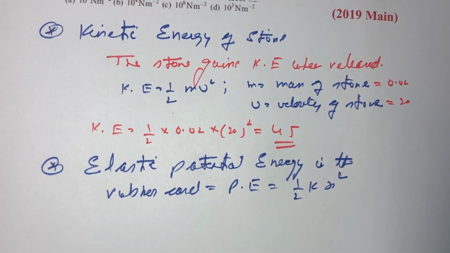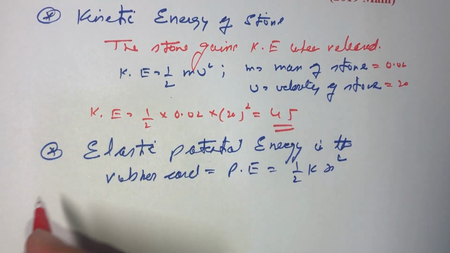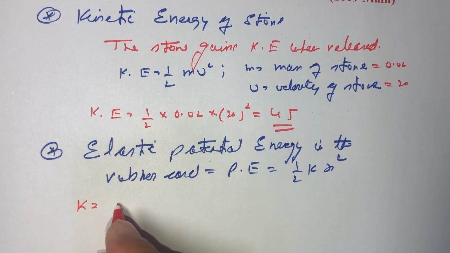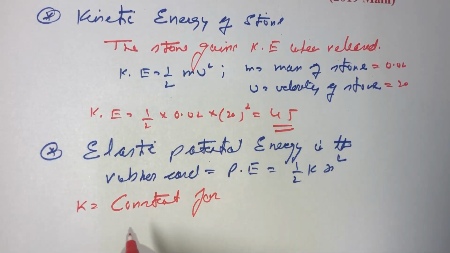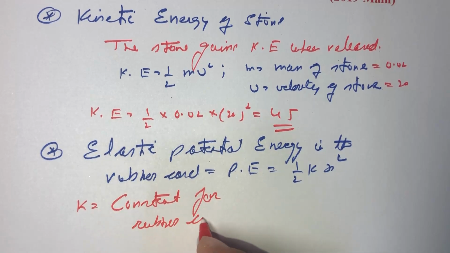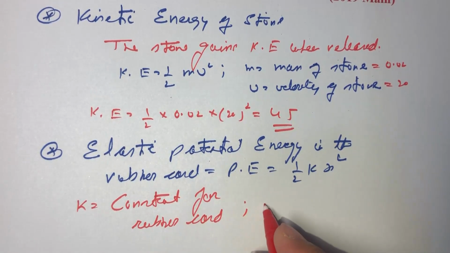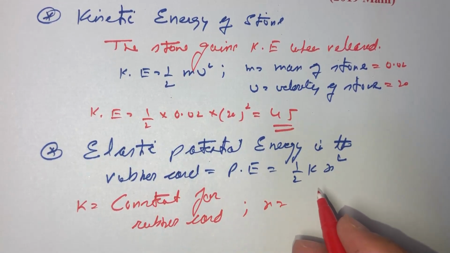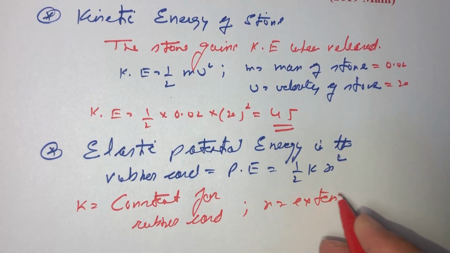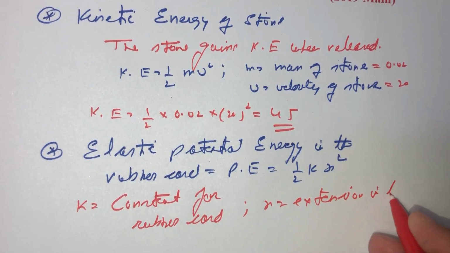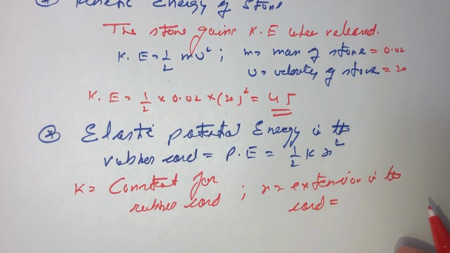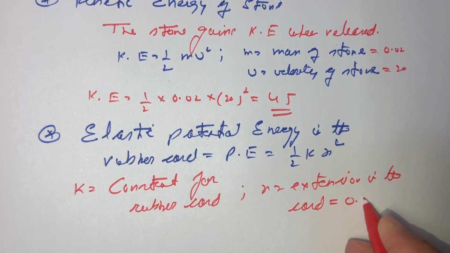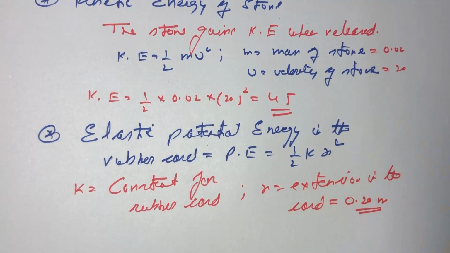Now K is the spring constant for the rubber cord, and x is the extension in the cord, which is given as 20 centimeter, 0.20 meters.